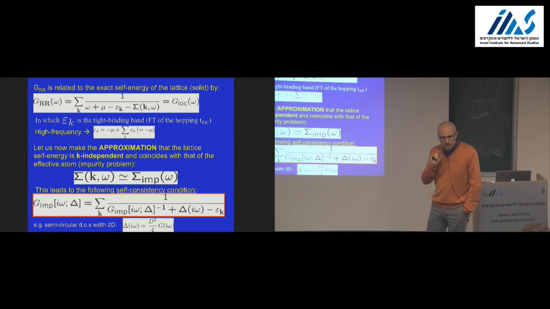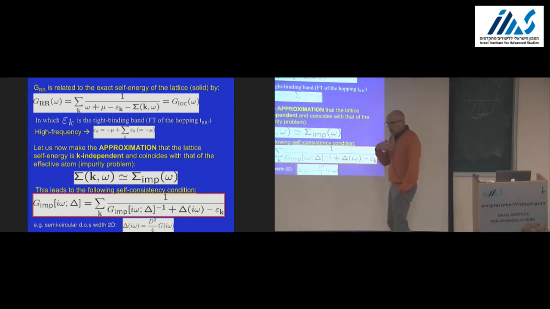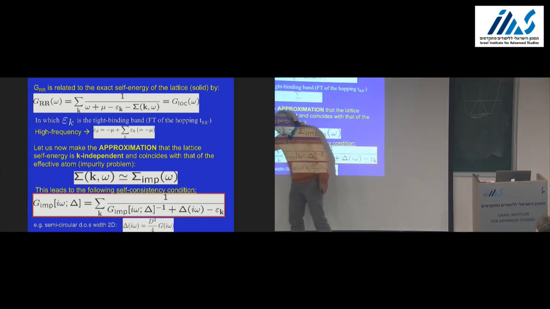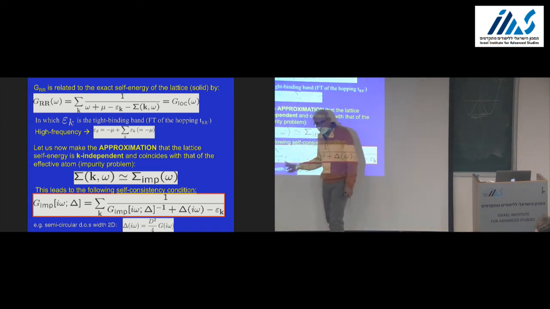That gives me an additional equation, and I can just close the set of equations now. I'm just going to write that the local Green's function, which because of my representability is equal to the impurity one, should be equal to the sum over k.